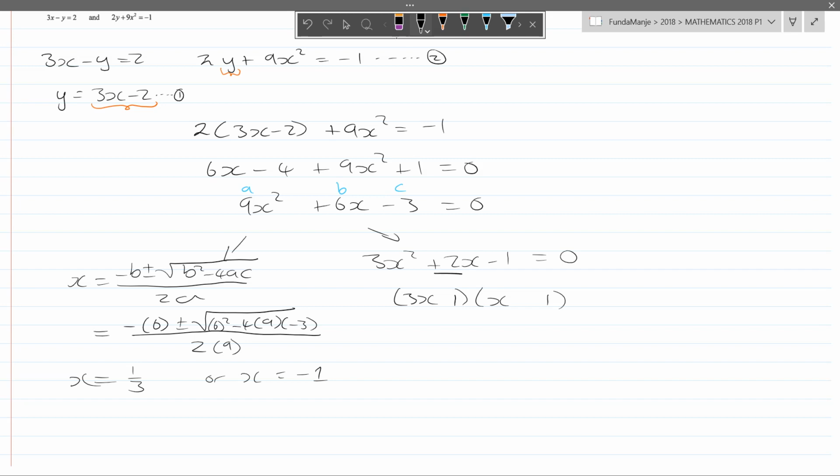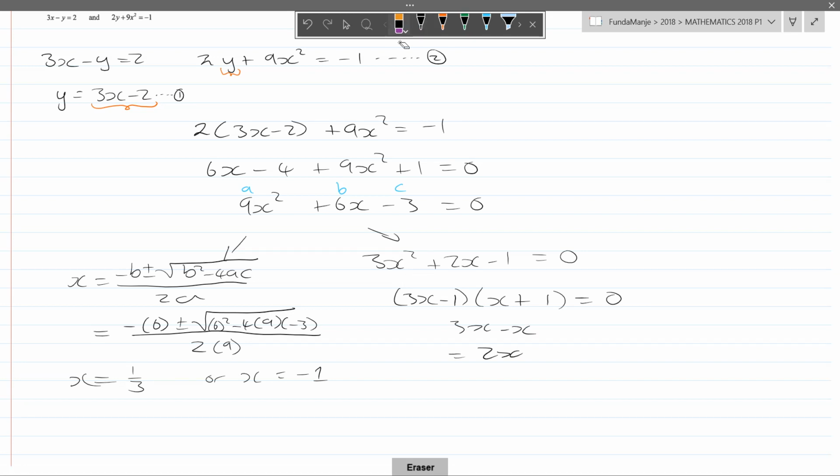So here we see that the 2x is positive, which means this 3x needs to multiply something that is positive, meaning it will be 3x minus x. So you are sure that this factorization works because 3x multiplied by x gives us 3x squared, minus 1 times 1 gives us minus 1, and then 3x times 1 gives us 3x, minus 1 times x gives us minus x, this gives us 2x, and we see 2x over here.